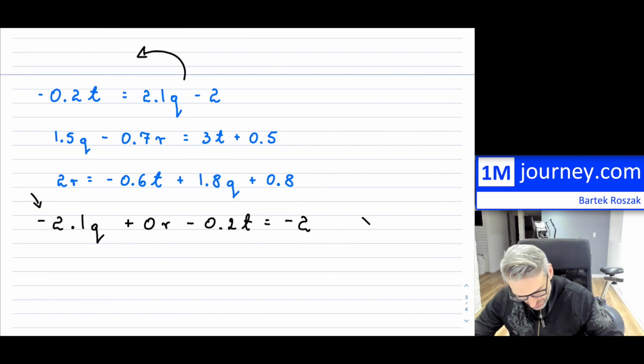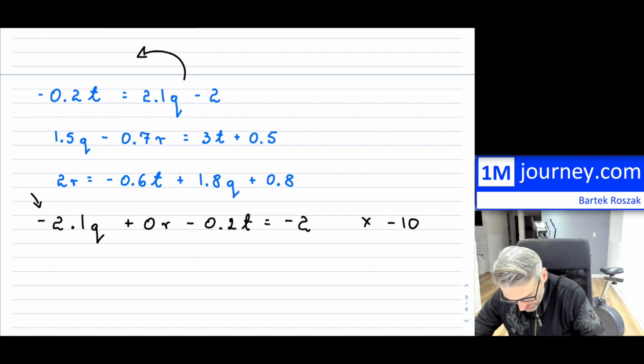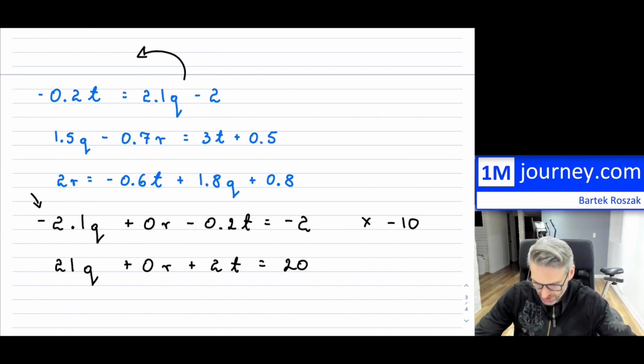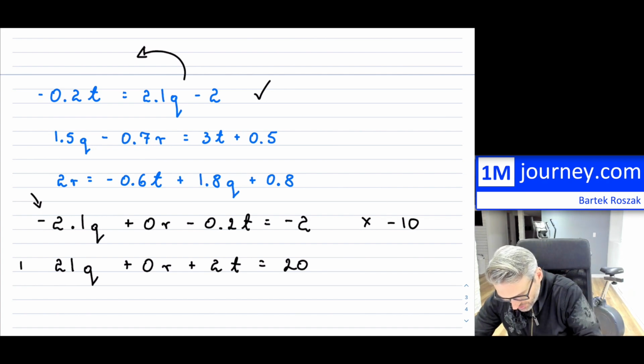So I'm going to multiply this by negative 10. Why negative 10? Because I only have one decimal place. So this is going to be 21q, of course plus 0r, now positive 2t, and this is going to be positive 20. That looks a little bit better. Remember, you can multiply and move things around as long as you're multiplying both the left-hand side and the right-hand side. So let's call this equation 1.